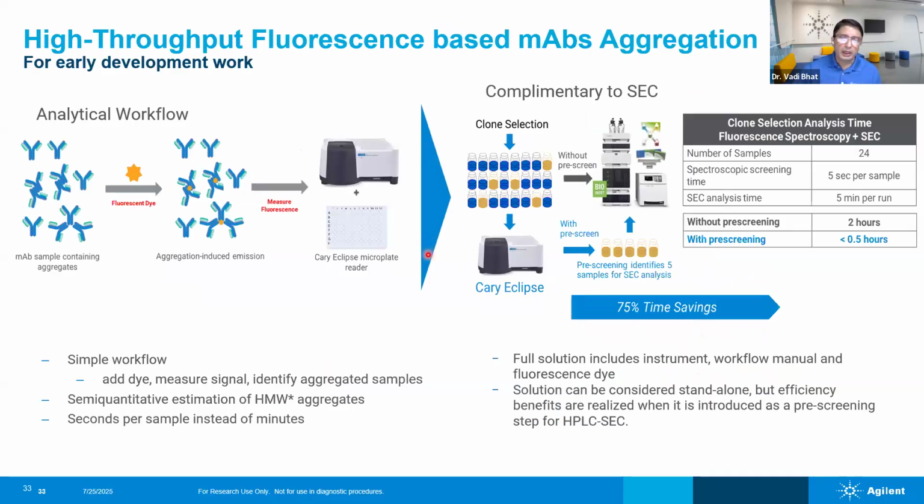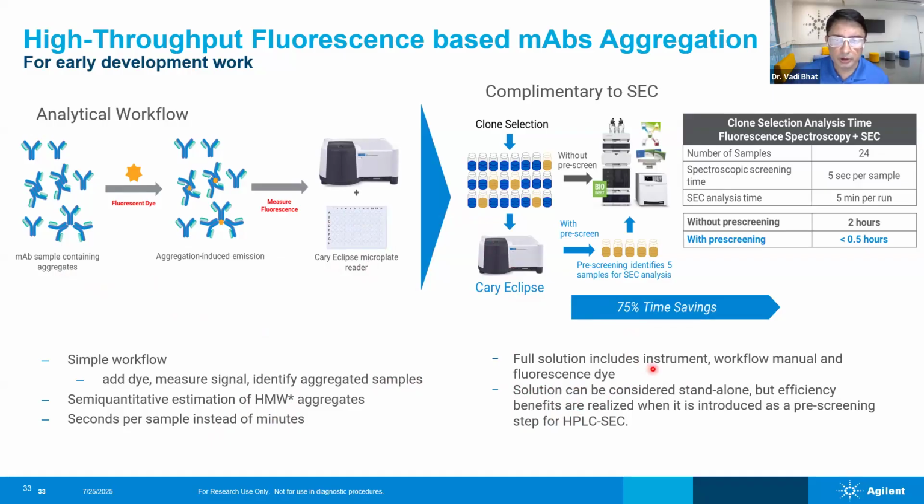So that's the light scattering part, and I'll also be sharing how it can be used in the fluorescence spectrophotometer. In this case, you have to use a label. Once you label your protein, you can run a lot of samples. Why fluorescence compared to the light scattering or size exclusion based approach or HPLC based approach?